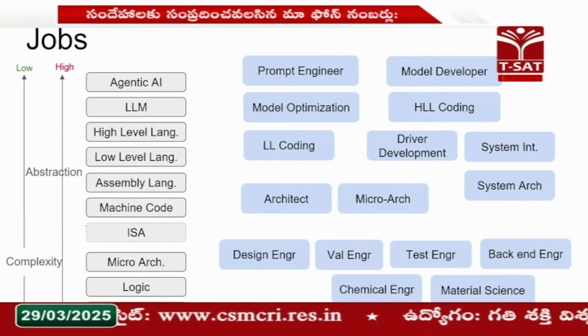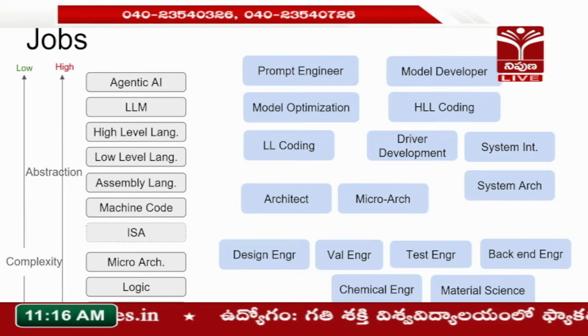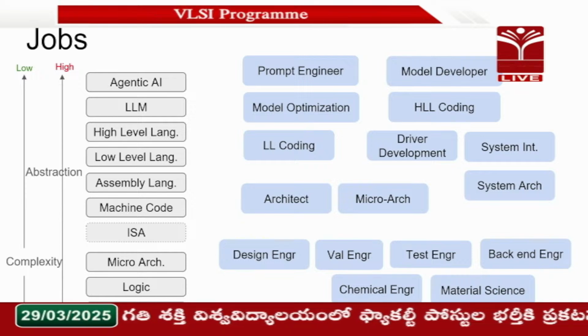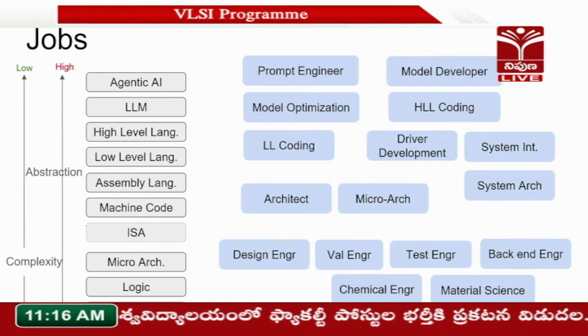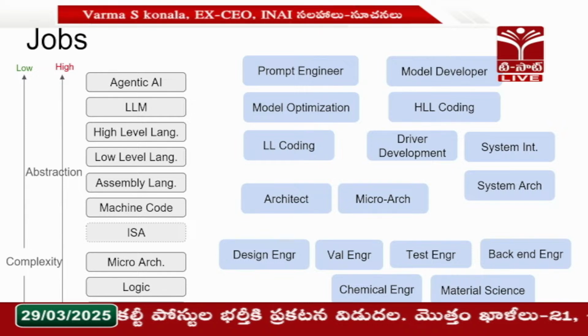And then on the right side, I show various kinds of jobs. So let's see at the very top. You hear this thing called prompt engineer. With all these tools today, all you need to do is the right level of prompts, and you get what you want.